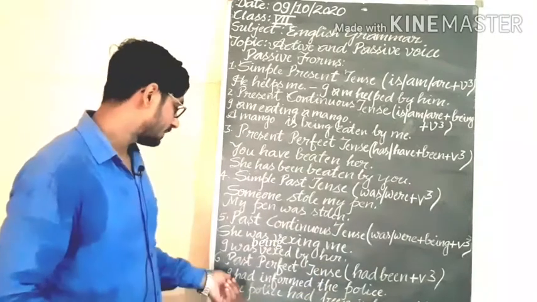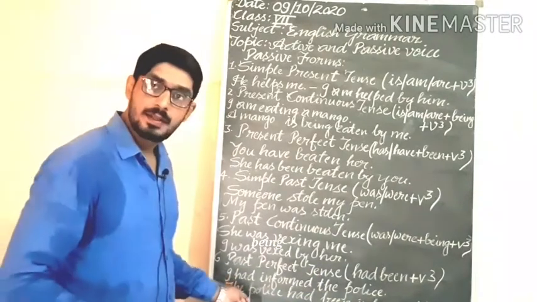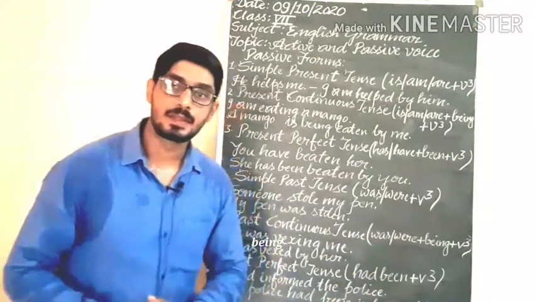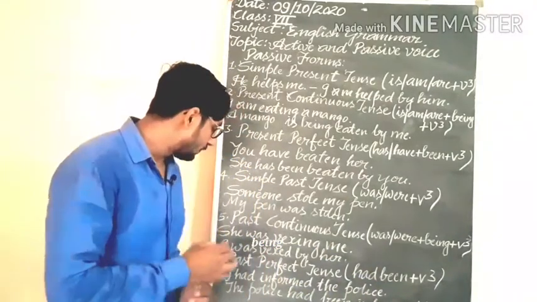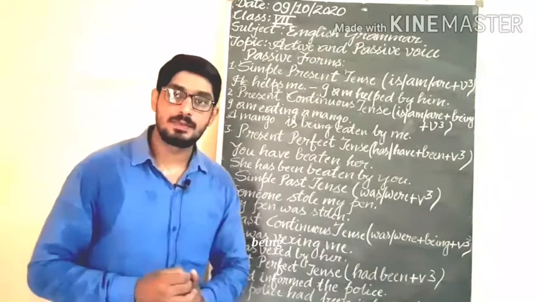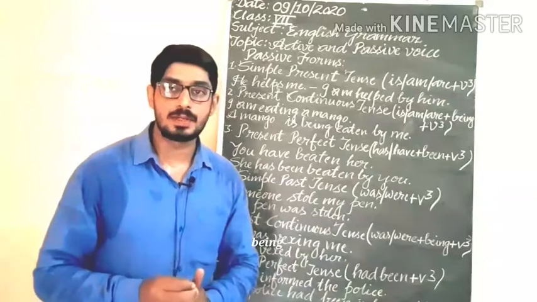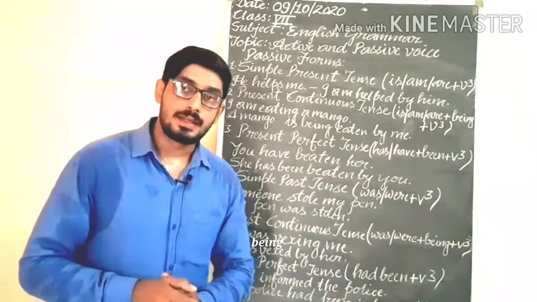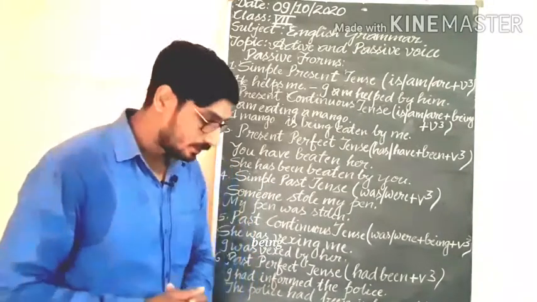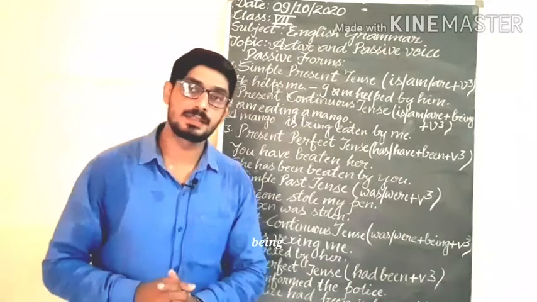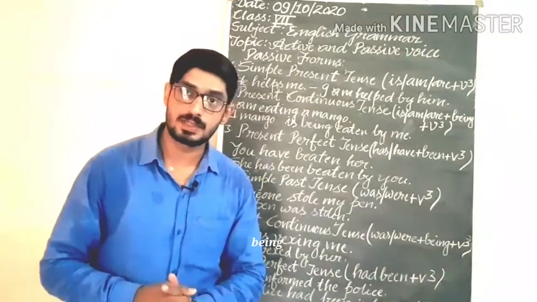By, I will be converted as an object by including by me. And we don't change past perfect continuous tense sentences from active voice into passive voice.